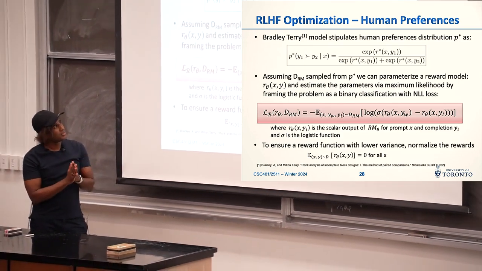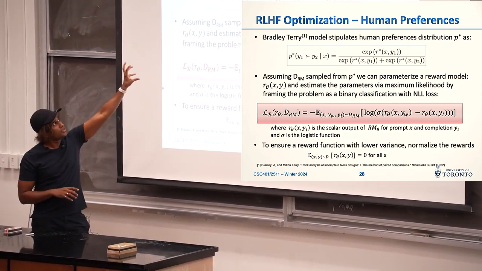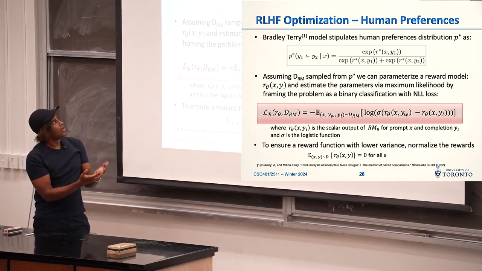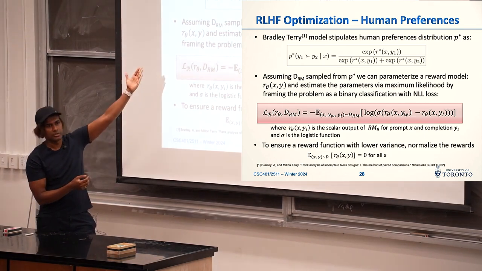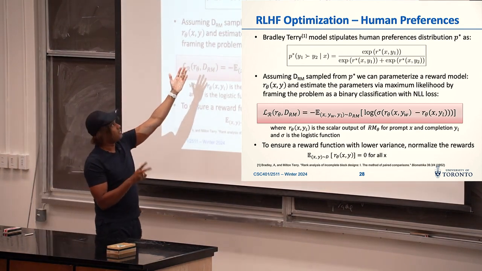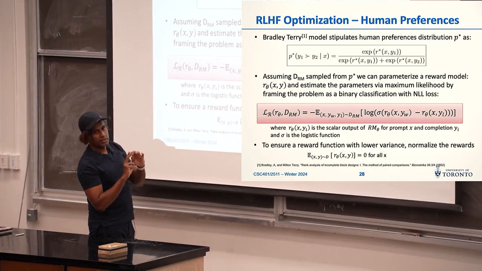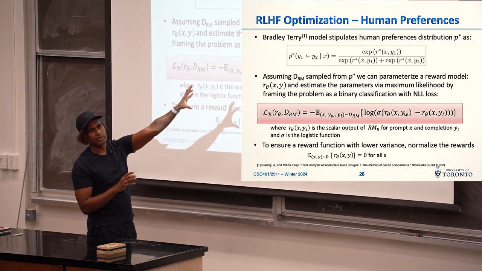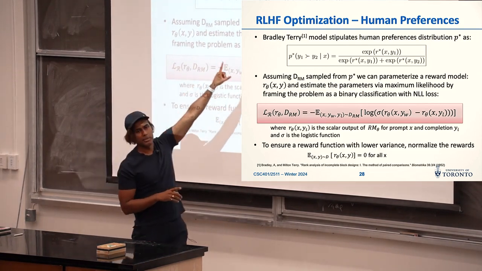But that's beside the point. We are just using this to model human preferences: they can be modeled as a probability distribution P star, given 2 choices, one better than the other, given some x.